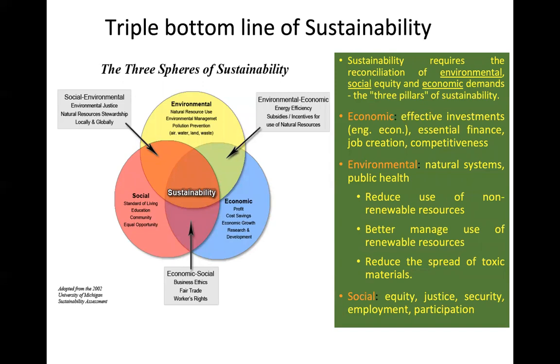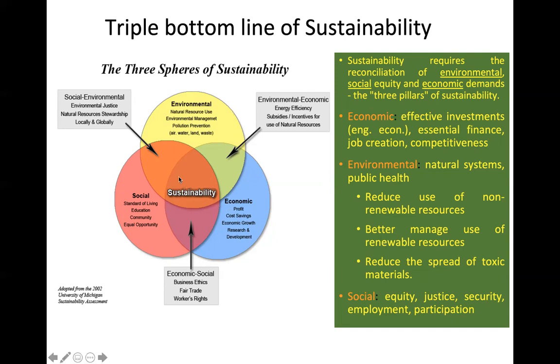Sustainability actually touches three things. If you create something that is good for the environment, but it's very costly, and the end user is not able to afford it, you fail. To achieve sustainability, you need to achieve three things.